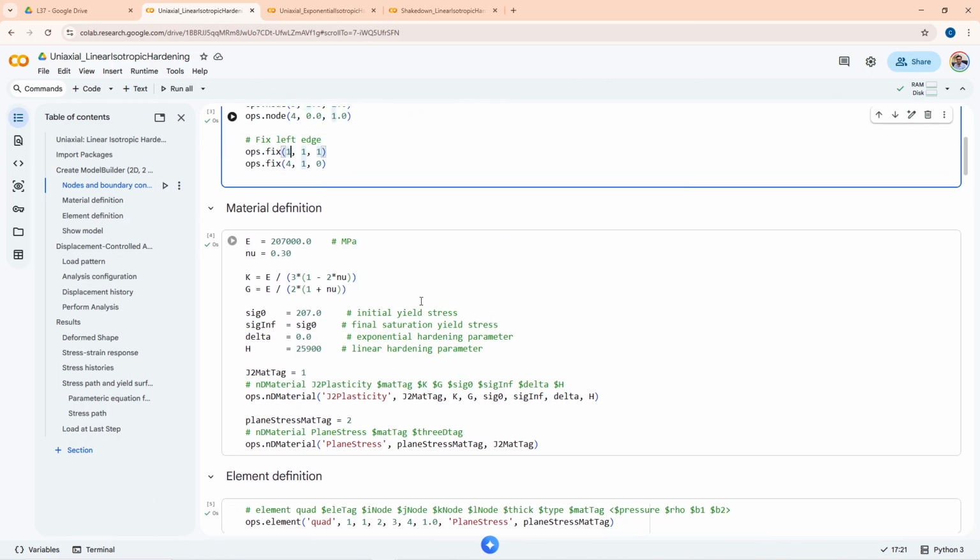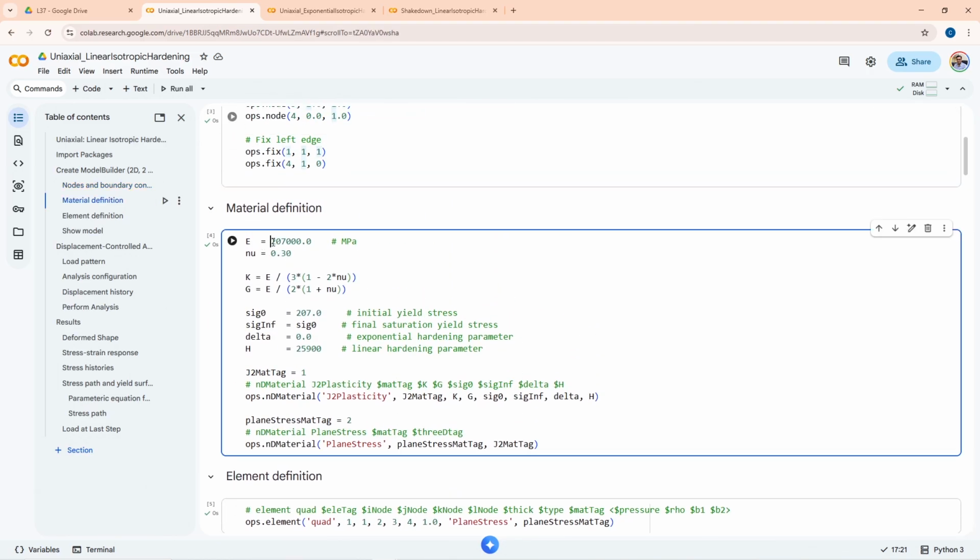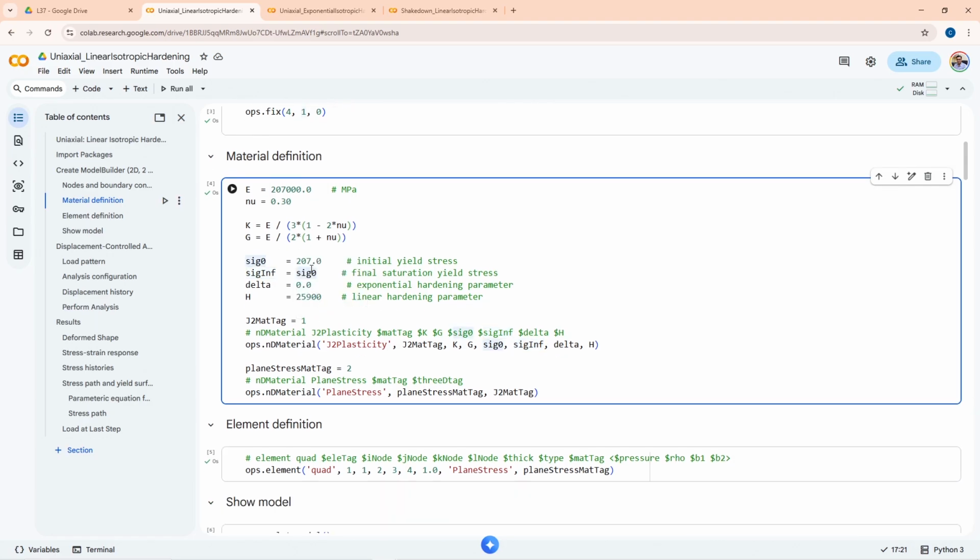Let me look at my material parameters. So, E is equal to 207 GPa. Nu is 0.3, so I am calculating K and G. Sigma 0 is 207 and sigma infinity is equal to sigma 0 because I don't want to consider the exponential hardening.